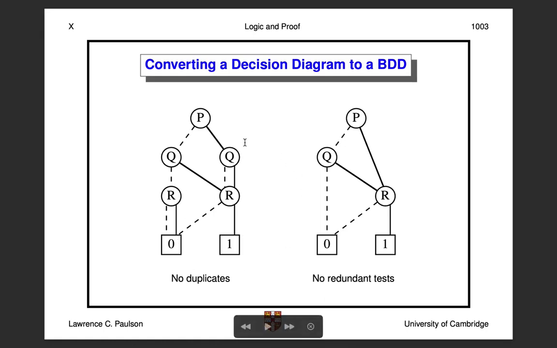Likewise, over here, whether Q is false or true, the result of the evaluation will be determined by something that comes after it. So this test on Q is redundant. We get rid of that, and we end up with what you have here on the right side of the slide. This is a BDD.